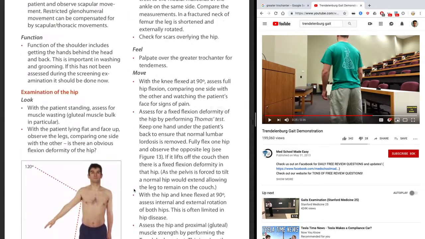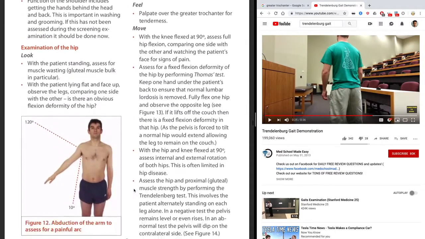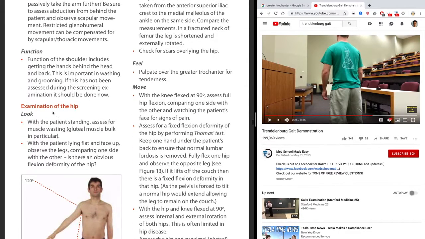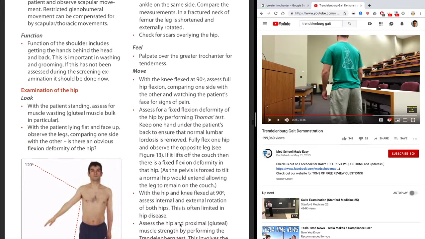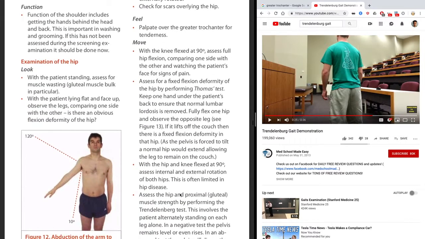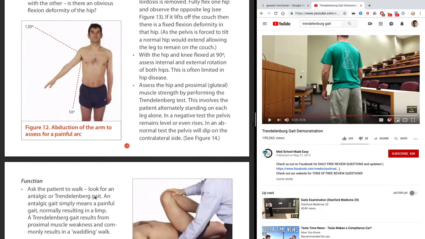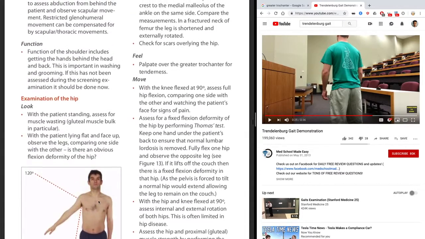Okay, so recap, summary: look, feel, move, function test, examination of the hip, REMS. Look: ask the patient to stand, look from behind, check the gluteal muscle, and then you're going to do the Trendelenburg test. So ask them to stand on the right leg, and stand on the left leg, and then ask them to walk, look for any abnormal gait.